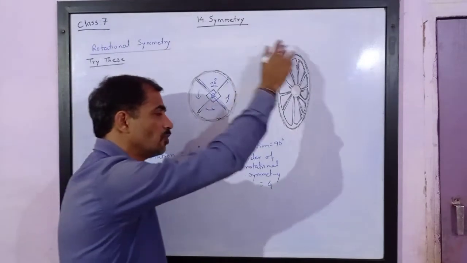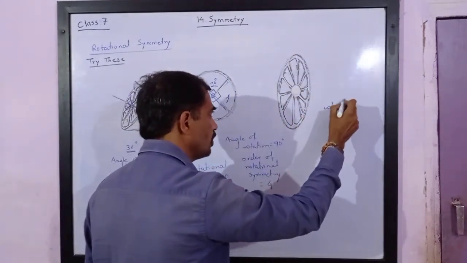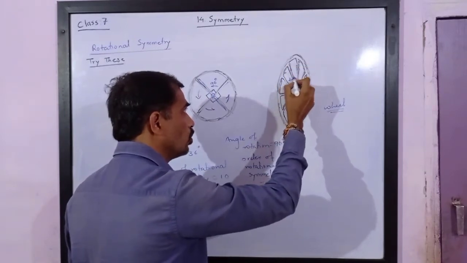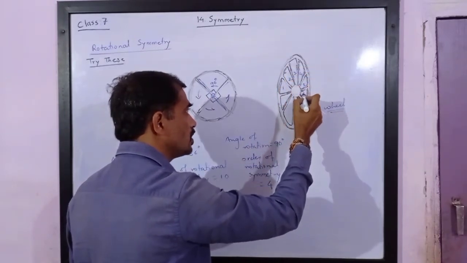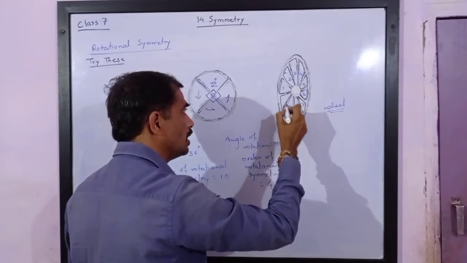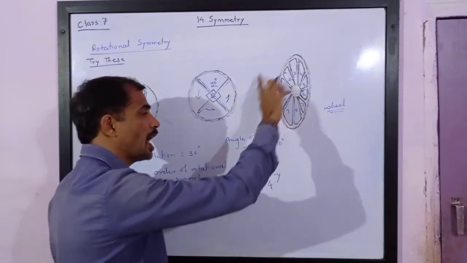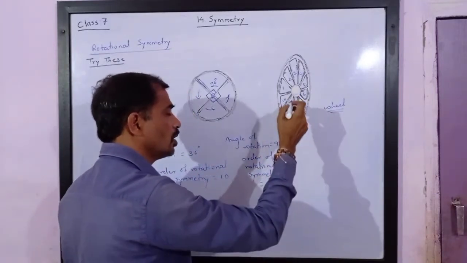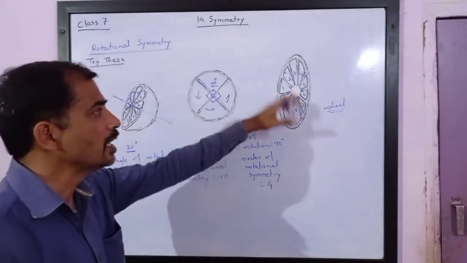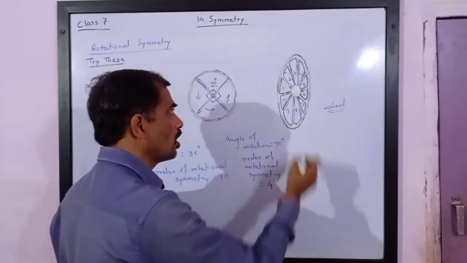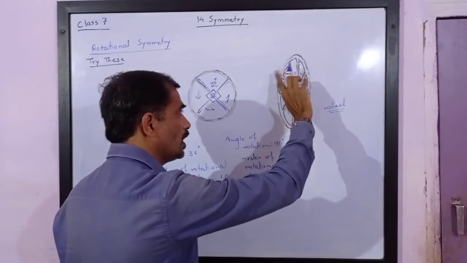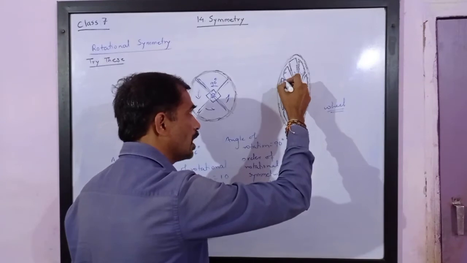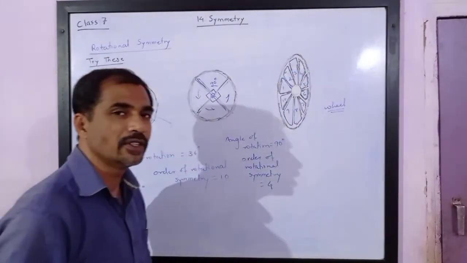Now the next figure is of a wheel. In this wheel you will notice that there are actually 10 sections: 1, 2, 3, 4, 5, 6, 7, 8, 9 and 10. It means the angle of rotation is equal to the total angle, that is 360, divided by the order of rotational symmetry. If you rotate it by 36 degrees, that is, if one bar comes to this position, it will look as it was before.